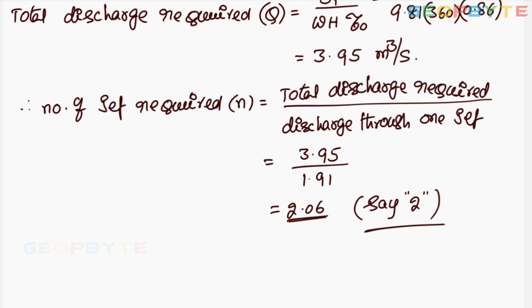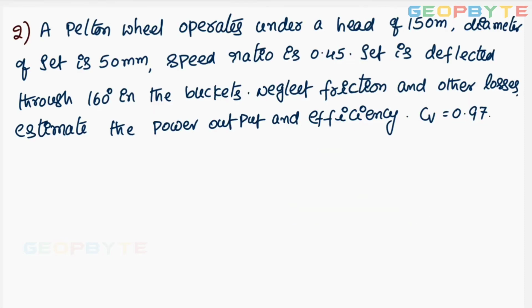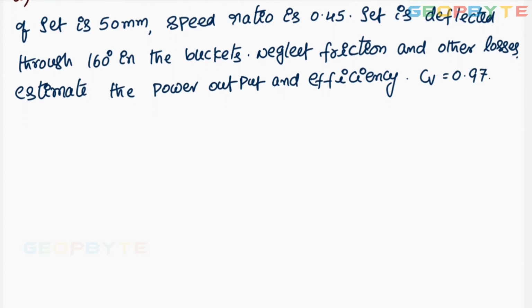Let us go for another problem. Look at the second problem. A Pelton wheel operates under a head of 150 meters.